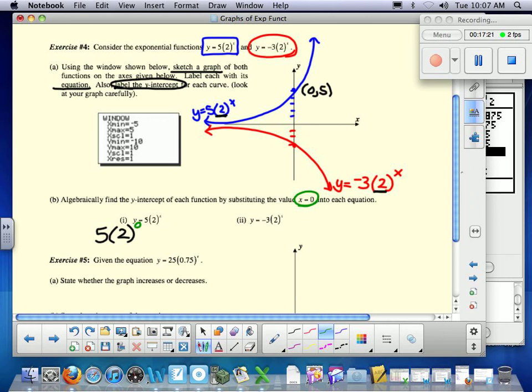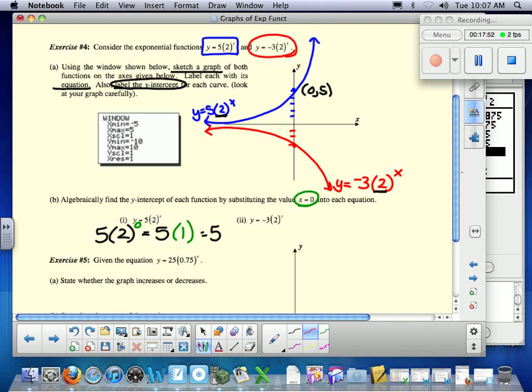Do you remember from when we did exponents, I think back in February, anything to the 0 power is worth what? Anything to the 0 power is worth 1. Good answer. So, 5 times 1, 5. And sure enough, we already knew that was the y-intercept, but that's okay.